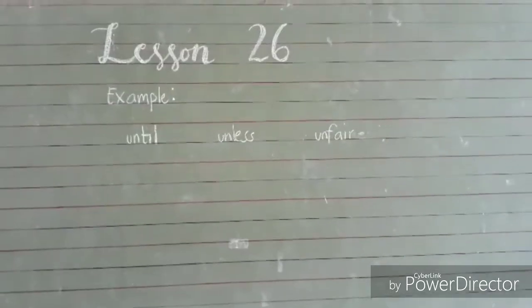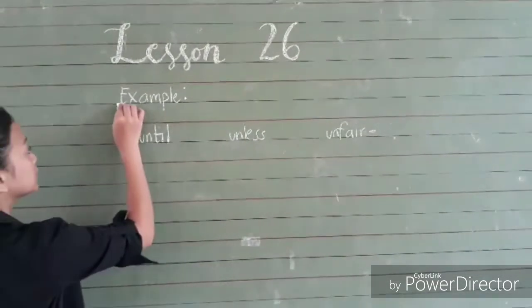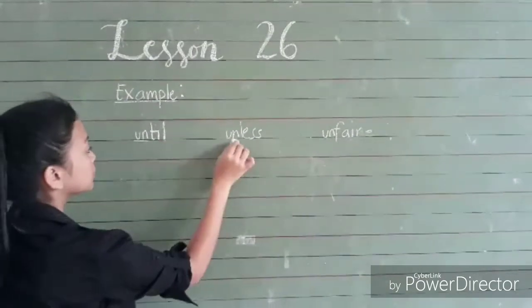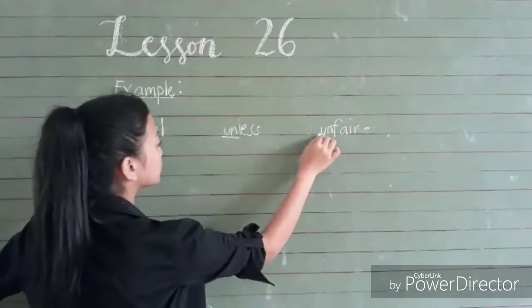So the next example is the word beginning with un, which is until, unless, and unfair.